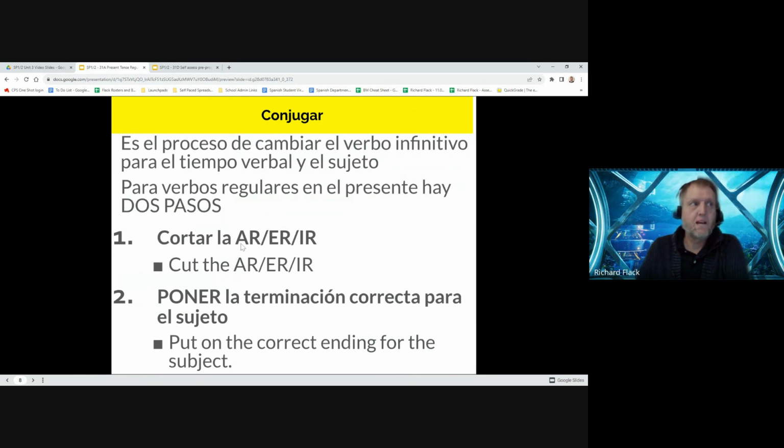The most verbs end in AR. ER is the second biggest group. IR is the smallest group. After we've cut off the AR, then we are going to add the correct ending for the subject based off of our conjugation chart. So make sure that you filled in the blanks on your sheet here with this information.